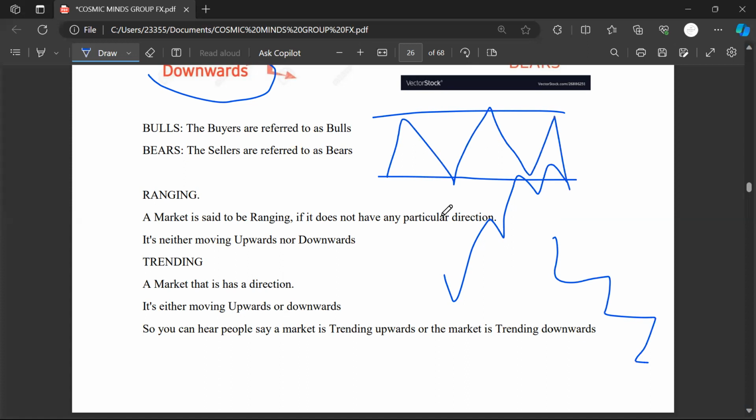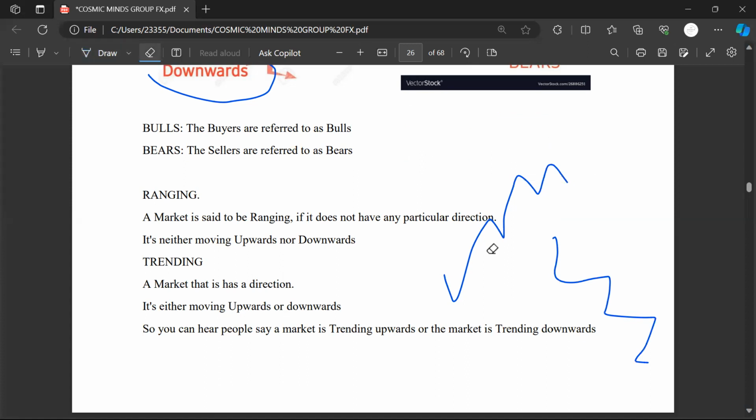When this is done in a uniform way through a channel, we call that a ranging market or sideways market. You can't really determine that it is a trending market, either upward or downward. So when it happens in this uniform sense, you call it a ranging market. It is as simple as that.